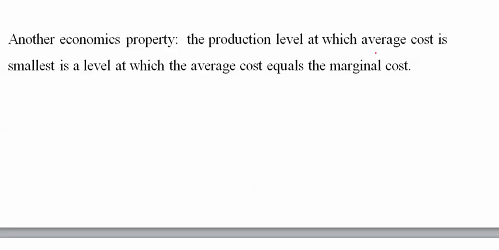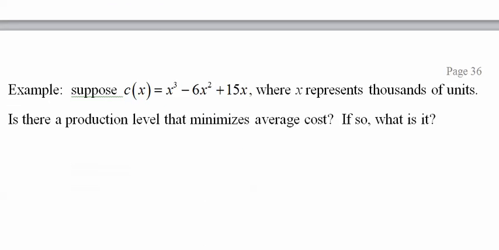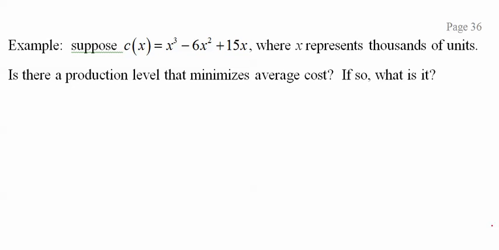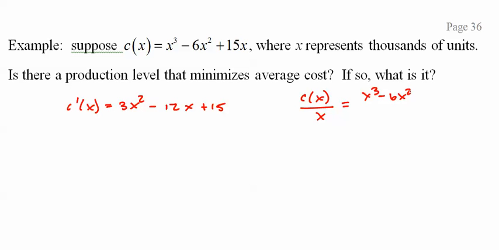Production: we want the average cost as small as possible. It's where the average cost equals the marginal cost. That's a tricky concept. So marginal cost is c prime of x, 3x squared minus 12x plus 15. Average cost equals x to the third minus 6x squared plus 15x over however many we sold.